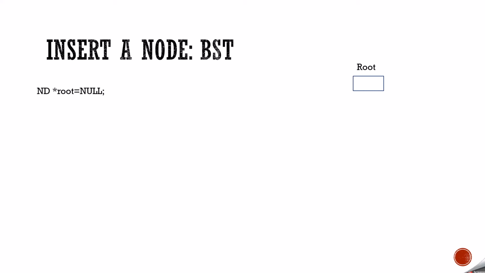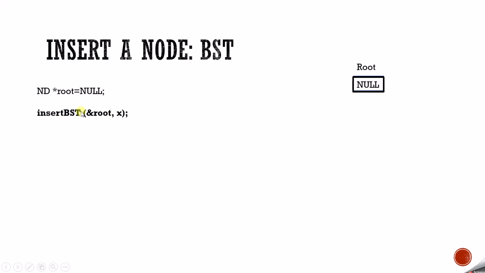Obviously when there is no node, we have to initialize that pointer with a null value. So we'll assign null first, and then we're going to create or invoke a function that we're going to write.